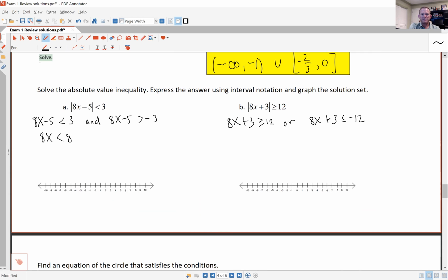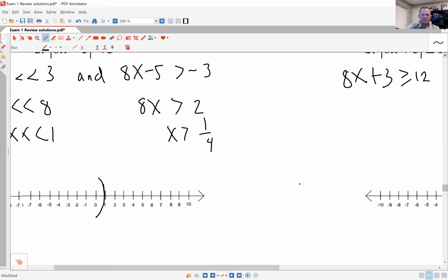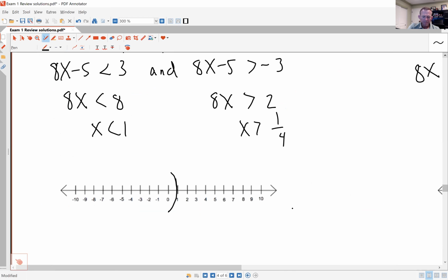Adding 5 to both sides gives us 8x is less than 8, or x is less than 1. Adding 5 to both sides, giving us x is greater than 1/4. I'm going to have to blow that up a little bit because 1/4 is just barely to the right of 0 there.